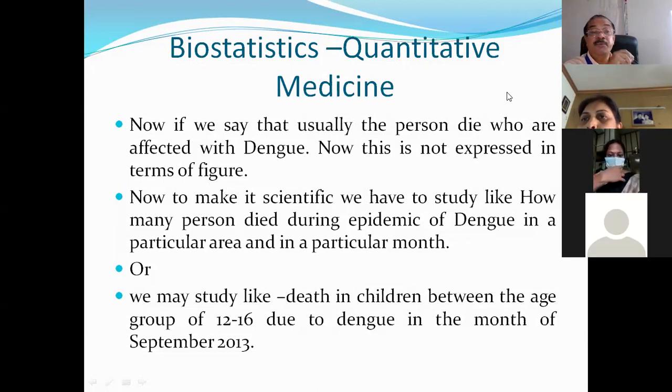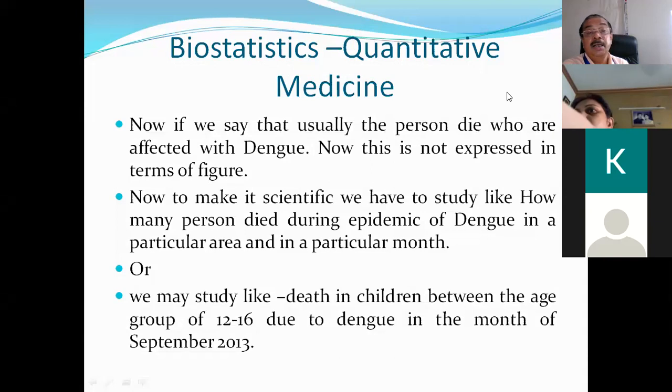Now, to make it scientific, we have to study how many persons died during an epidemic of dengue in a particular area in a particular month. And if I add the age group also, it will be a more specific, more quantitative study, and it will be more scientific.